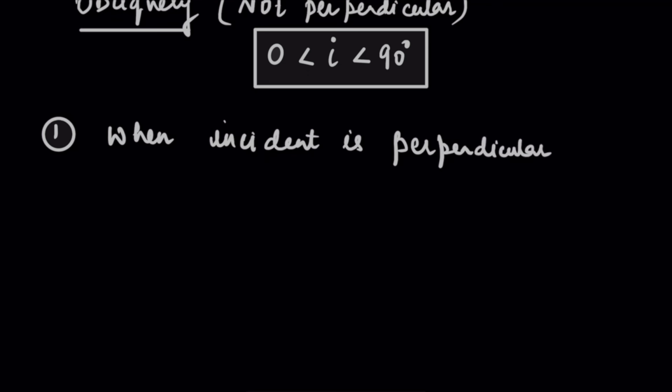Perpendicular means not oblique. So here I am taking a surface, and suppose this is our incident ray. I try to make the two ends of the incident ray, this is one end and this is another end. We make it wider for better understanding.